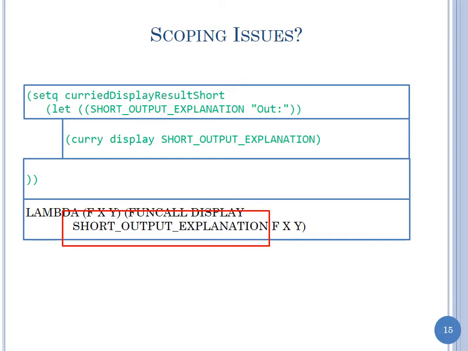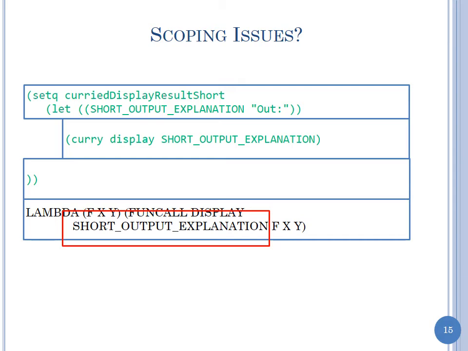Global. This is a lambda. This is not a function definition. We did not store the defining environment there.